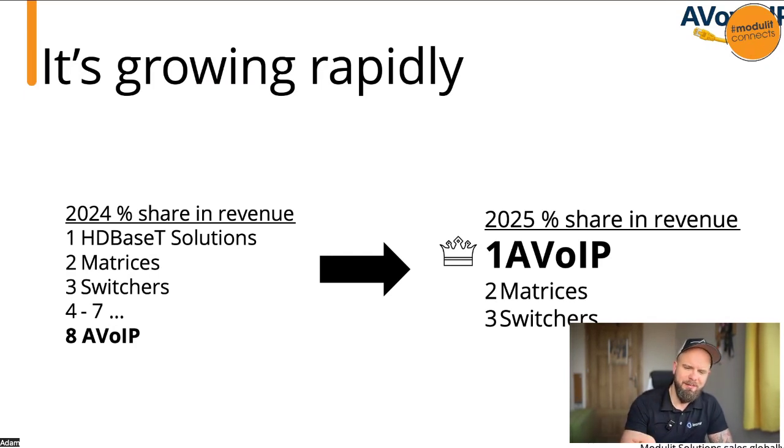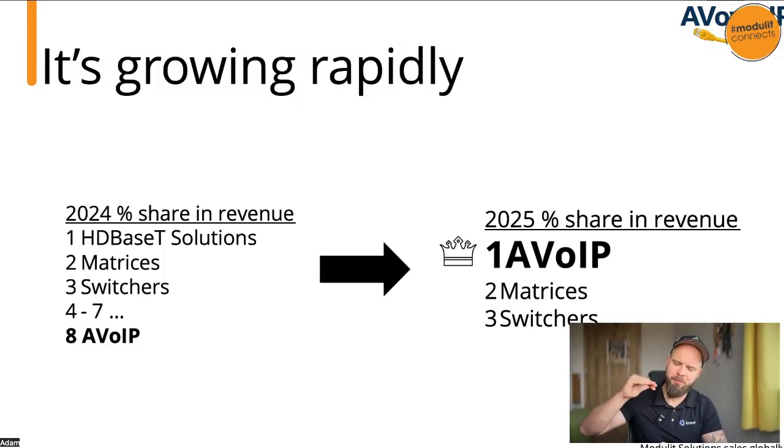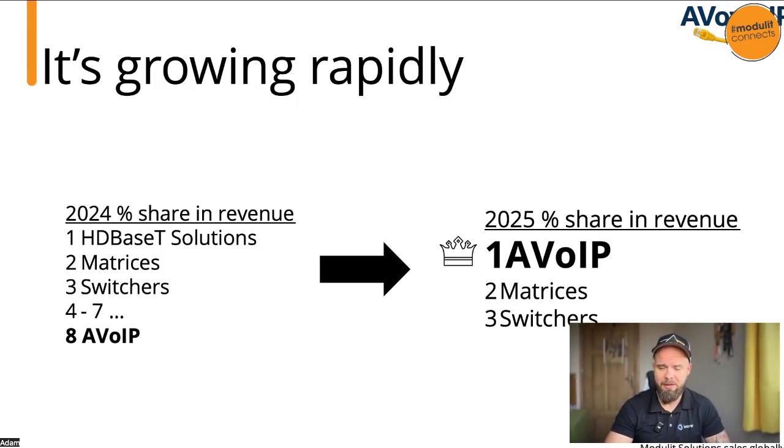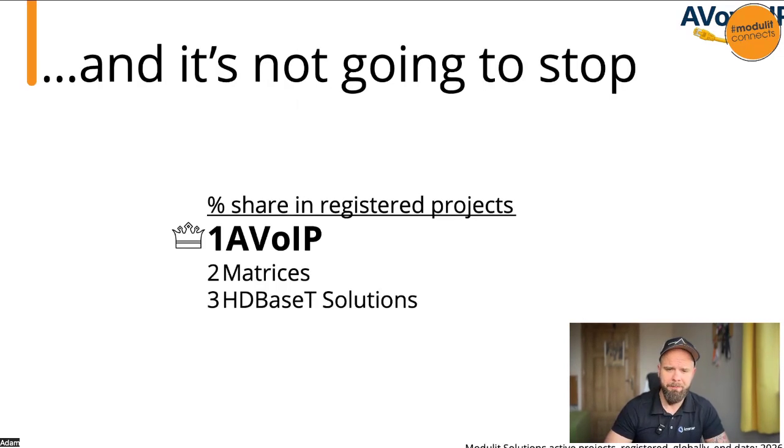In 2024, it was 8th position in terms of product categories in our portfolio. And last year, which was even better in terms of general total numbers, AV over IP was dominant, in first place. So you can see it's growing, and I can say that in 2026 so far, the trend is still growing.